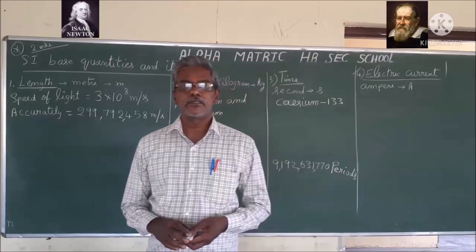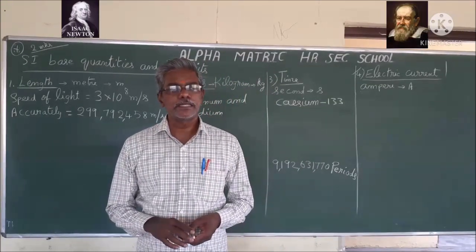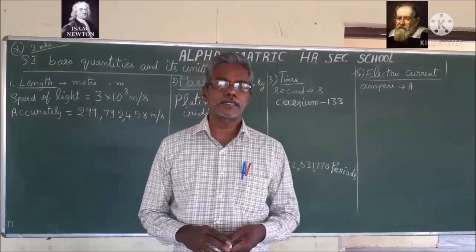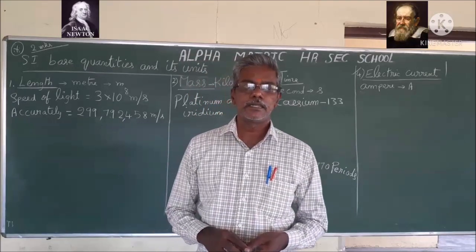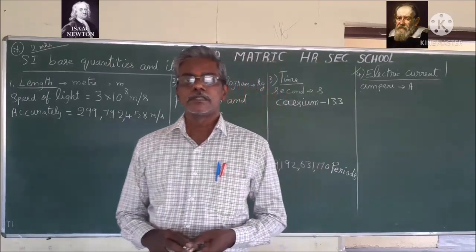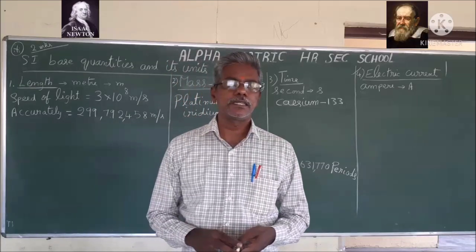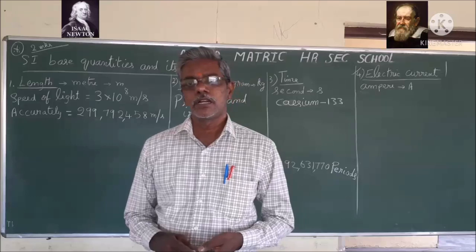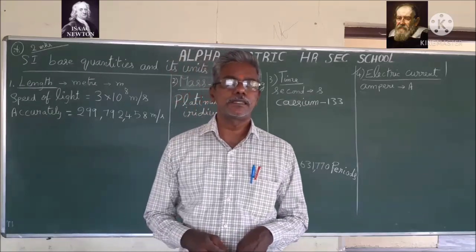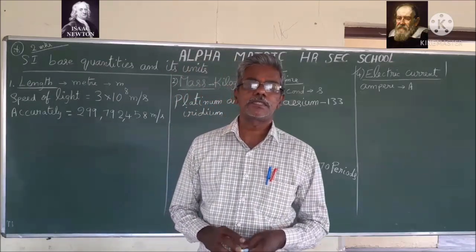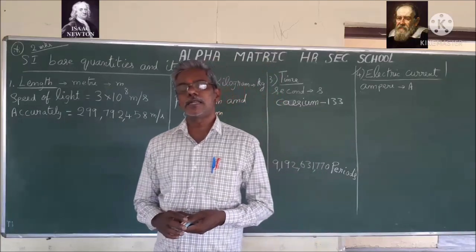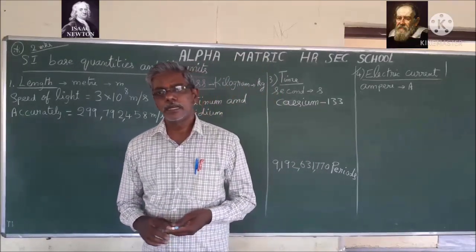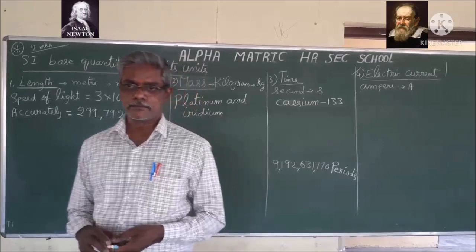FPS: F stands for foot, P for pound, S for second. CGS: C stands for centimeter, G for gram, S for second. The last one is MKS system, where M stands for meter, K for kilogram and S for second.